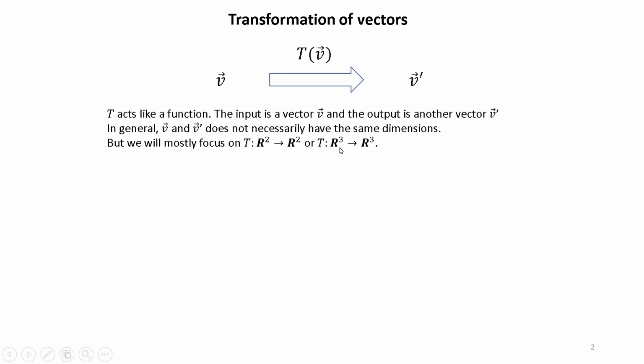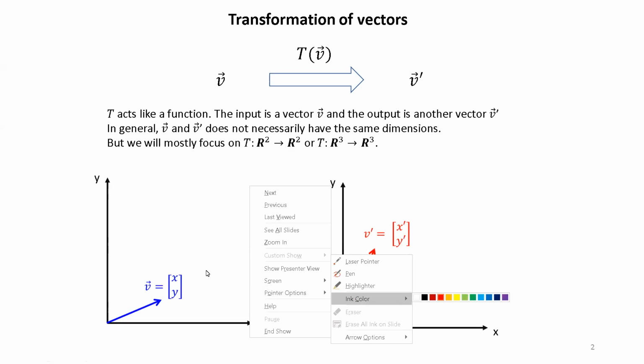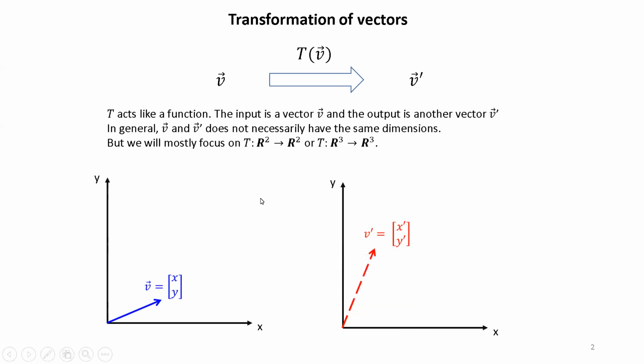The second case is that we have vectors that live in a three-dimensional space, and after transformation are still in a three-dimensional space. Just one thing to remind you, I think last time I already used a column matrix to represent a vector.